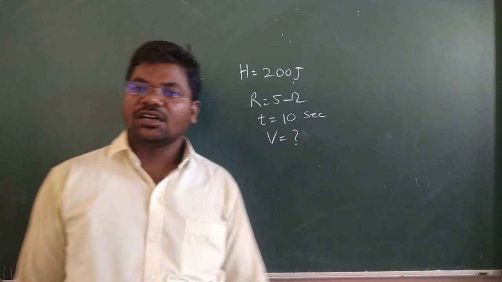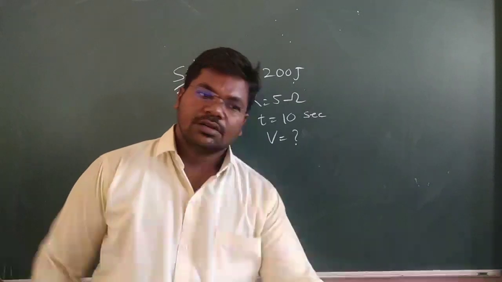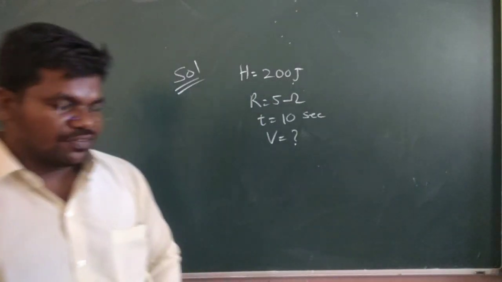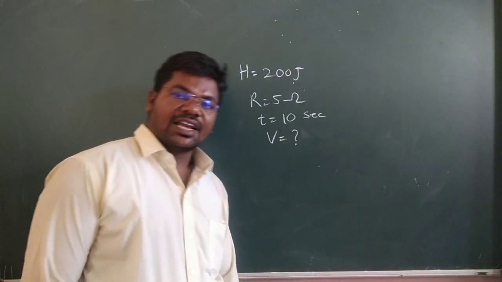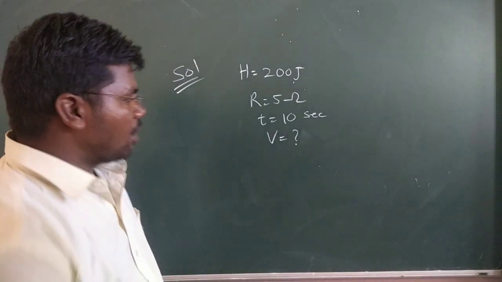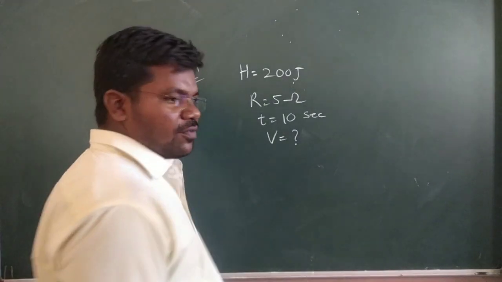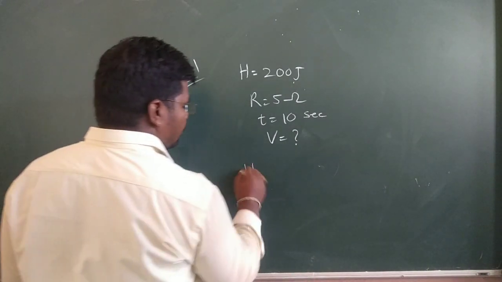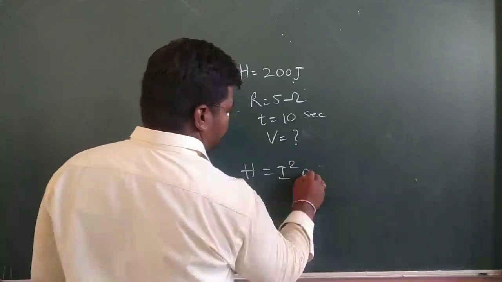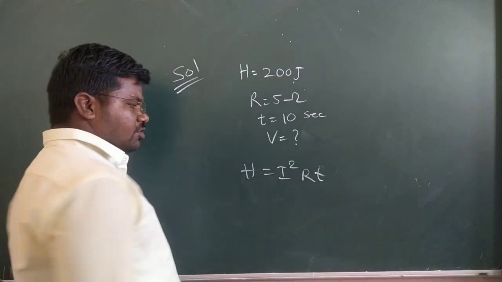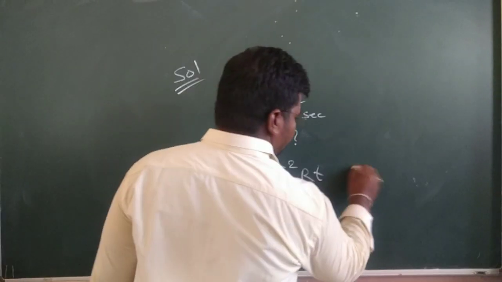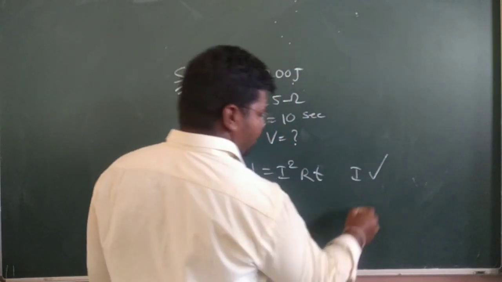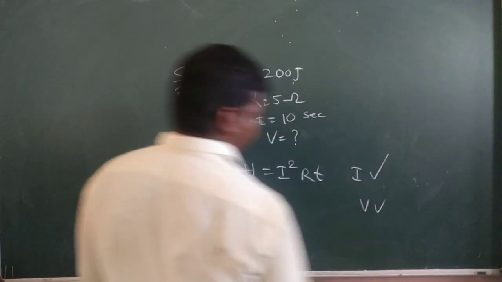We have to find the potential difference. What is the required formula? From Joule's law of heating, H is equal to I square RT. From this, first we have to find current, and after that, the potential difference.